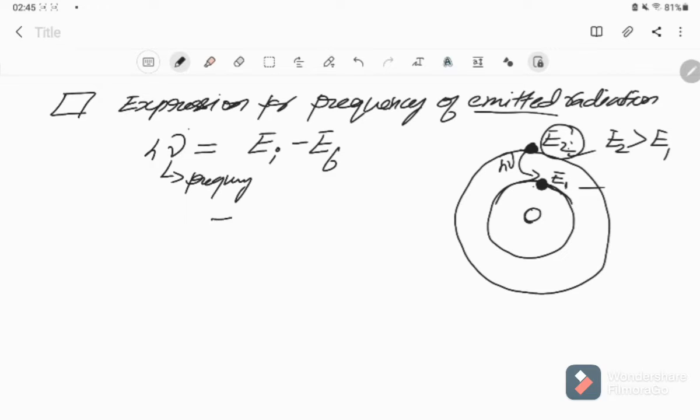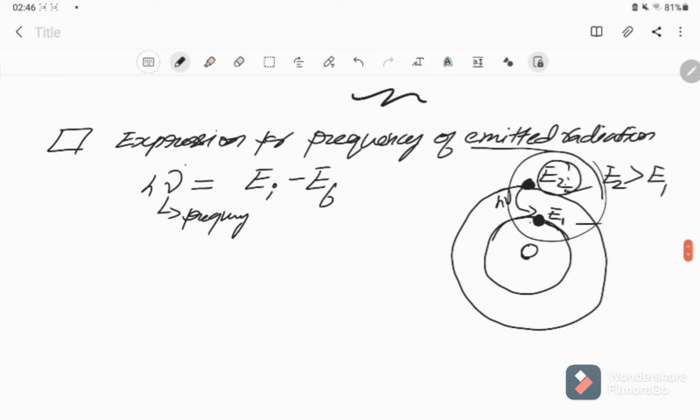Or you can write h mu equal to E2 minus E1. In general you can write E_I minus E_F. If you write 1, 2, then you will get confused.